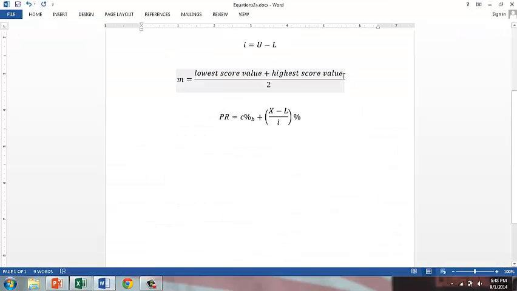This is calculated by adding the lowest and highest score value and dividing by 2. We do not need M, or the midpoint, in order to calculate percentile rank, but M will become important in the next chapter on measures of central tendency.